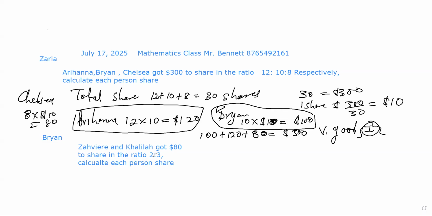Okay, for the next one, it says Zaria and Kalia got $80 to share in the ratio 2 to 3. Calculate each person's share. So for Zaria, the total amount of ratio is 5.